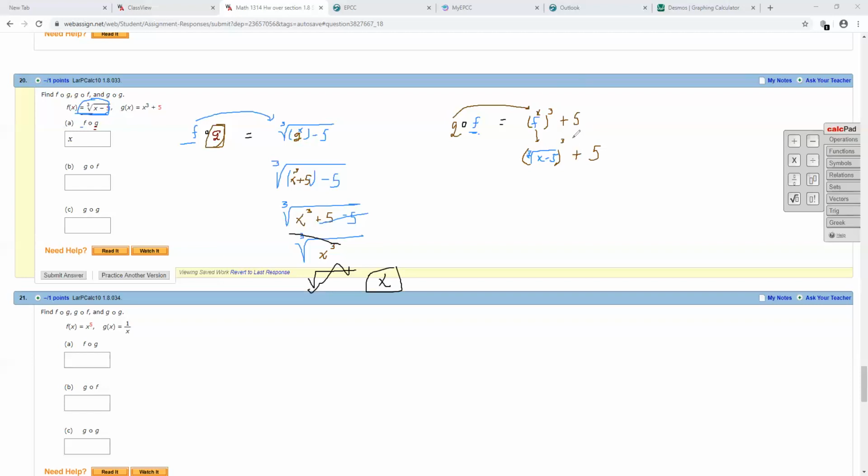The cube root function and the cubing power function are inverses again, mathematical inverses. So they compose or cancel out. And what's left now inside? x minus 5. And there's still this other plus 5. So it would just be x at the end.